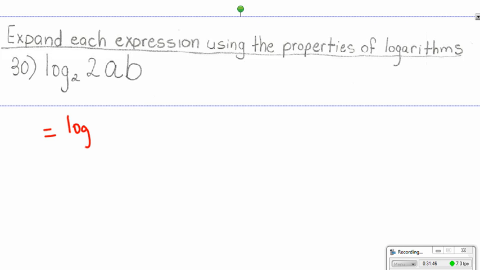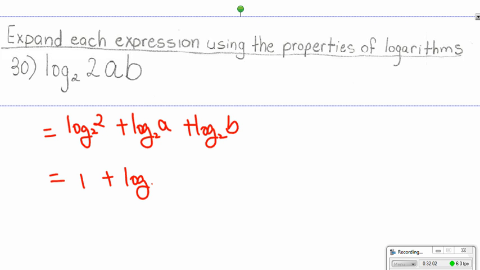So log base 2 of 2 plus log base 2 of a plus log base 2 of b. But we realize that log base 2 of 2 is equal to 1, so it simply equals 1 plus log base 2 of a plus log base 2 of b.